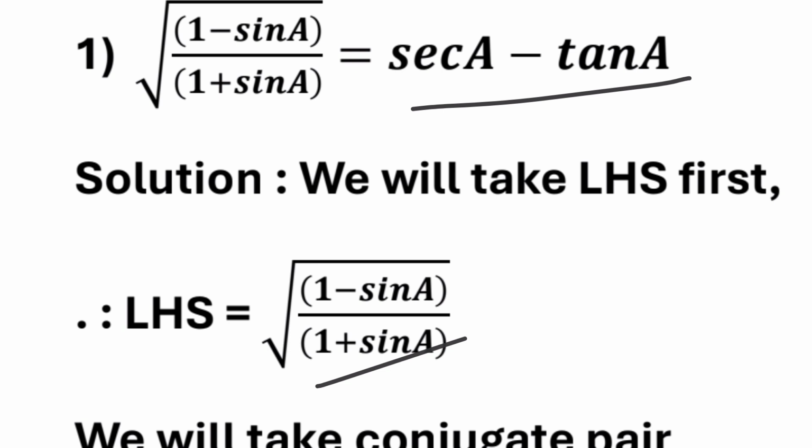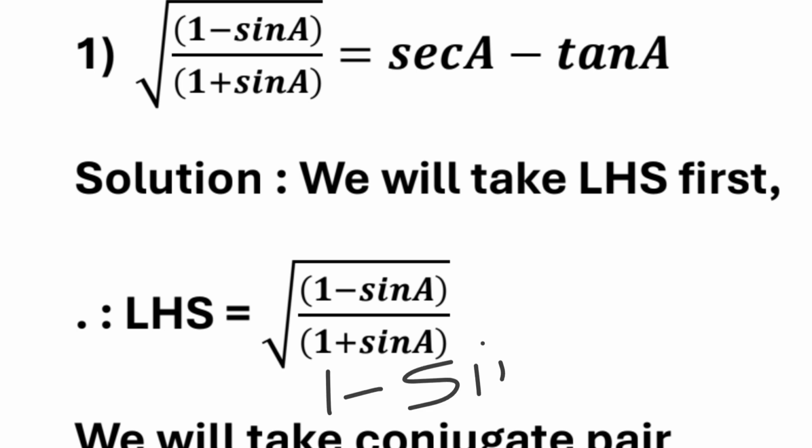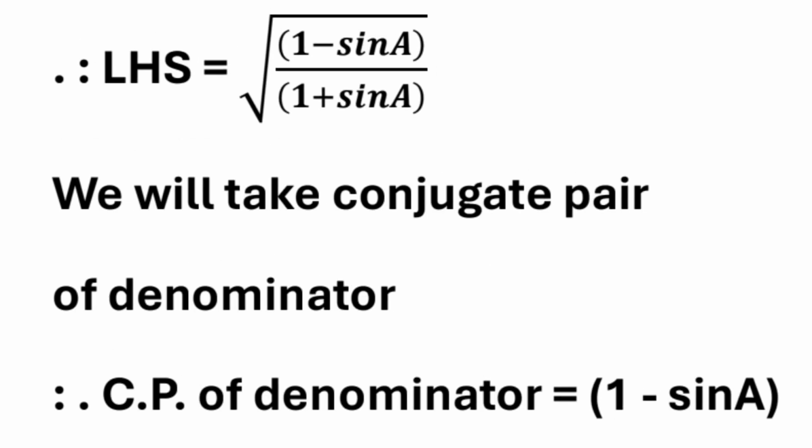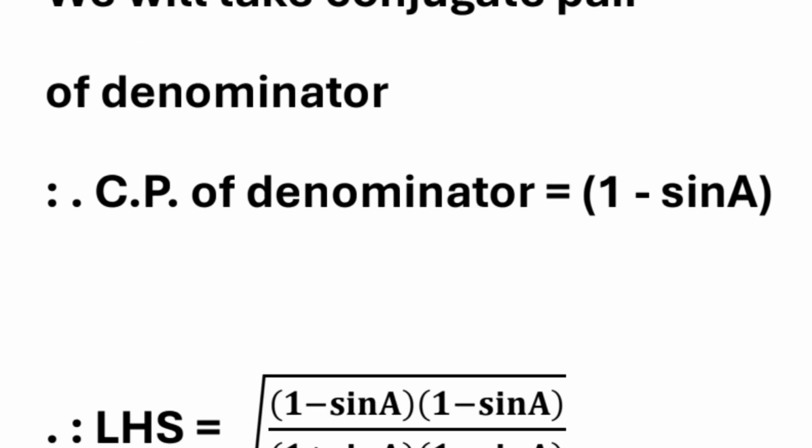The first thing necessary is to eliminate this denominator 1 plus sin A. So we take the conjugate pair of this denominator. The conjugate pair of 1 plus sin A is 1 minus sin A. After taking this conjugate pair of the denominator, that is 1 minus sin A, we obtain the next step.